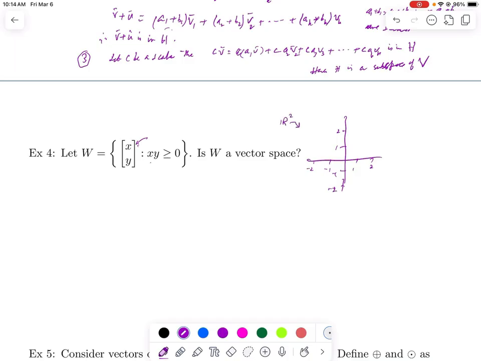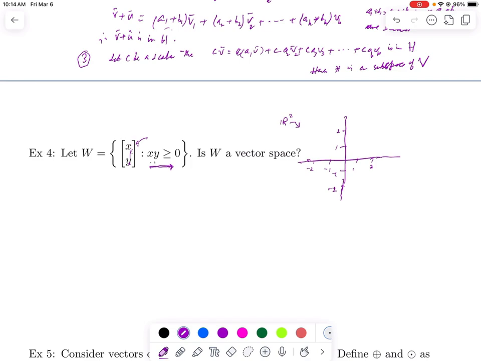So actually you can even draw it, this vector space we can see in a graph. All the points xy such that when you multiply the coordinates, you get a number which is greater than or equal to 0. In other words, a positive number.